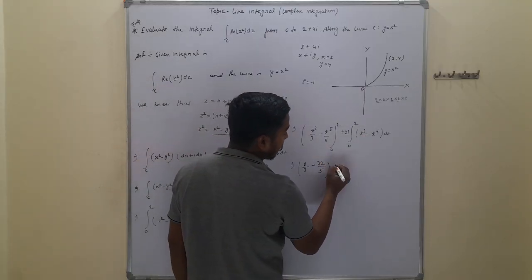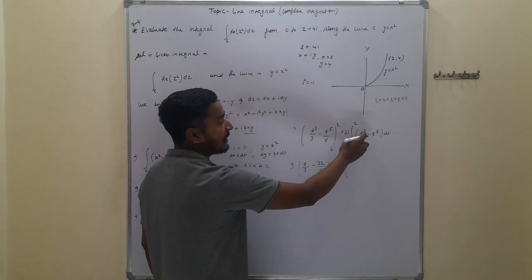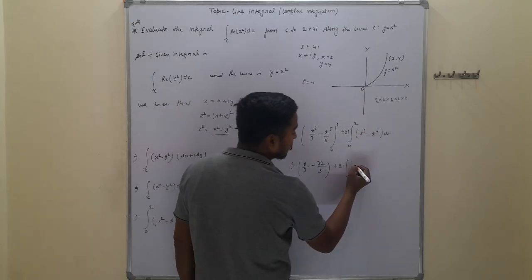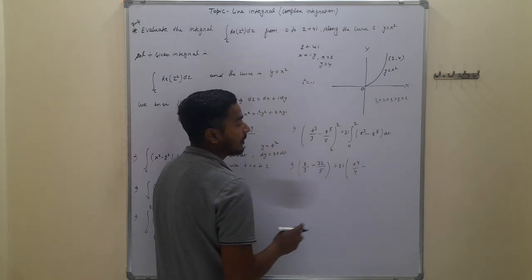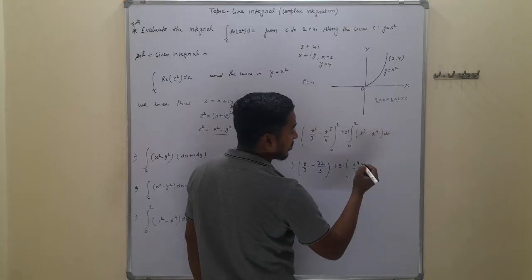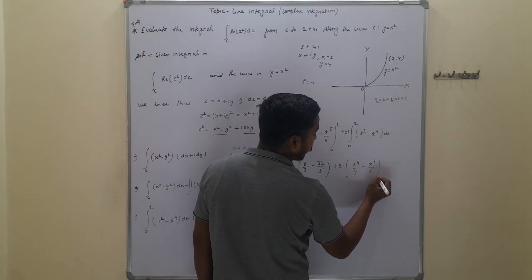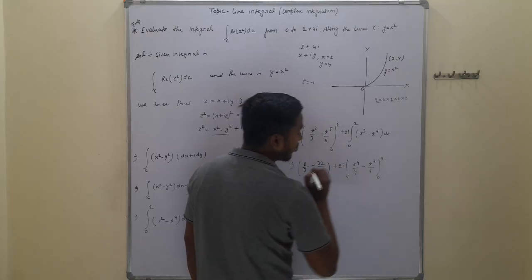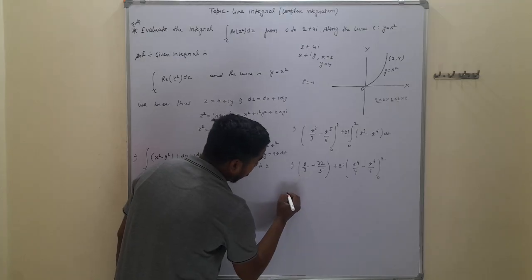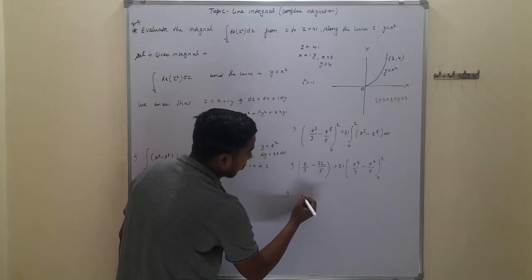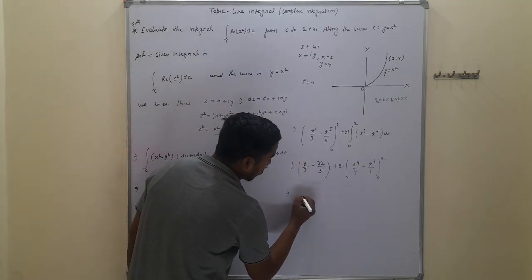Now we solve the second integral, which gives plus 2i times the integration of t cube dt, which gives t to the power of 4 upon 4, minus t to the power of 5 dt, which gives t to the power of 6 upon 6, with limit 0 to 2. In the next step we put the upper limit and solve this part.